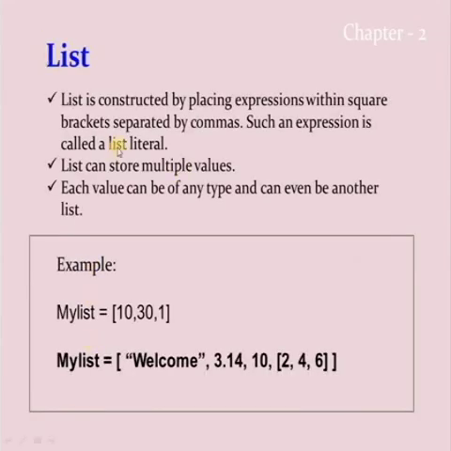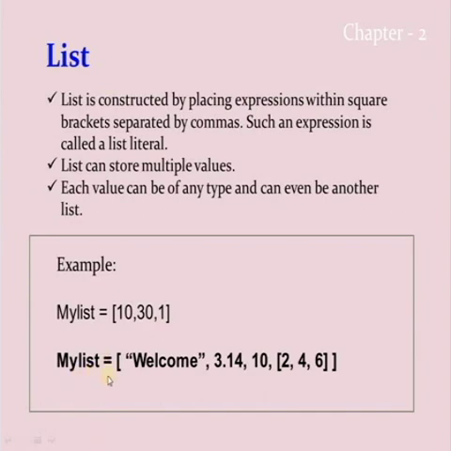So list. List is constructed by placing expressions within square brackets. Can you see the example? My list. It's a user defined variable. You can use any variable here. Equal. Within the square brackets, I have to say all the data in that list: 10, 30, 1.